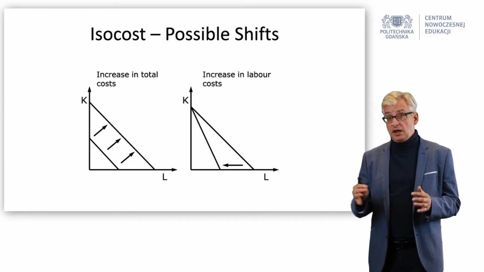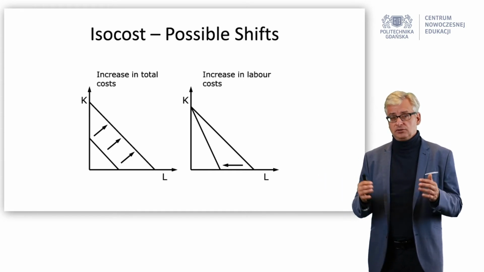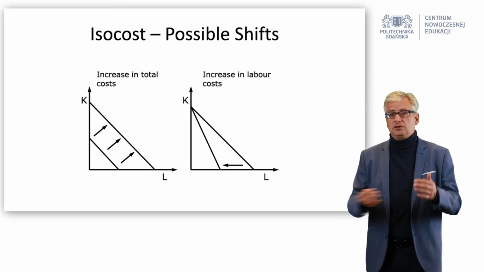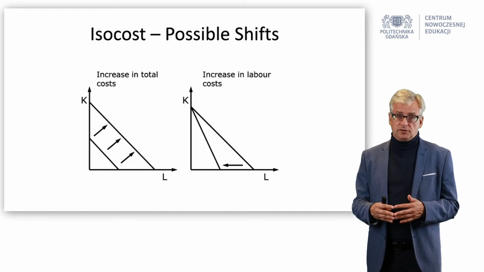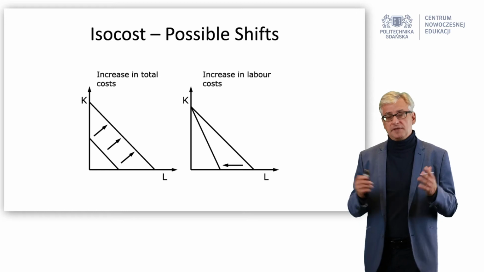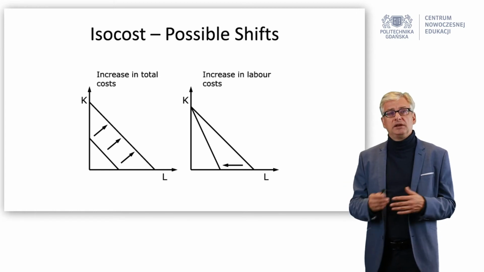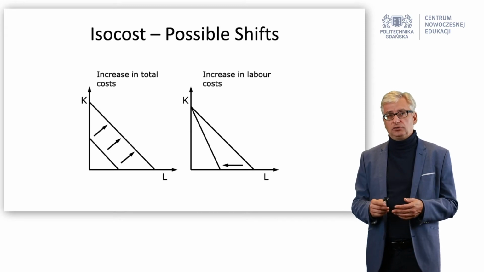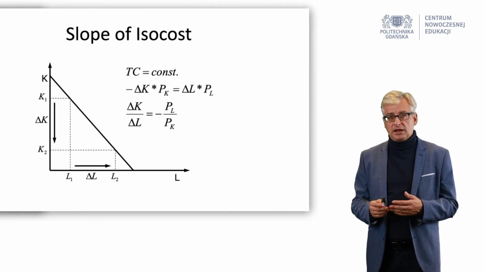So the available labor that you could employ is smaller now because it's more expensive, right? With the same money, you can employ less of labor, okay? It doesn't influence your capital. So that is what may actually change when it comes to isocost line.